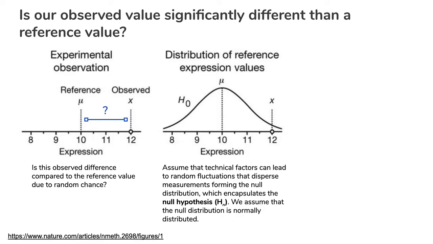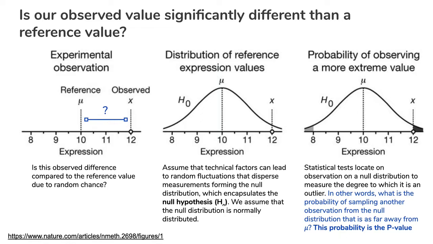The degree to which it's an outlier effectively becomes your p-value. So when we observe this value with respect to the null distribution, the p-value is nothing more than calculating the area under the curve of this null distribution for values that are greater than or as distant from the mean as our observed value.